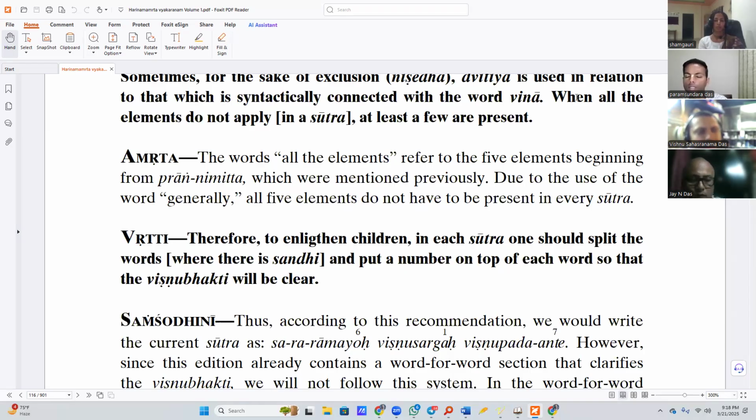Yes, that sutra. So what I'm not understanding is this sentence.